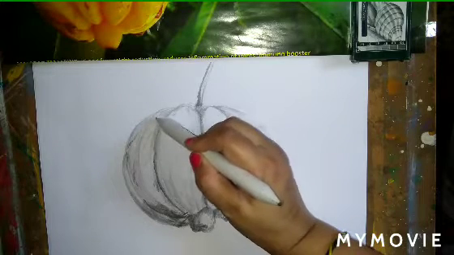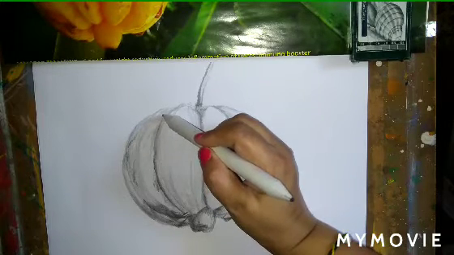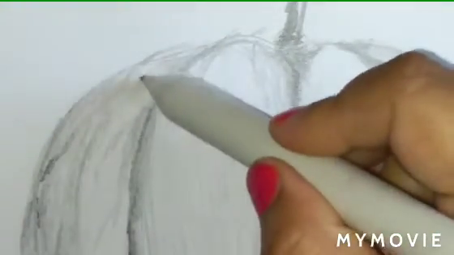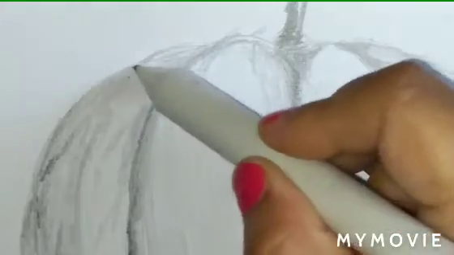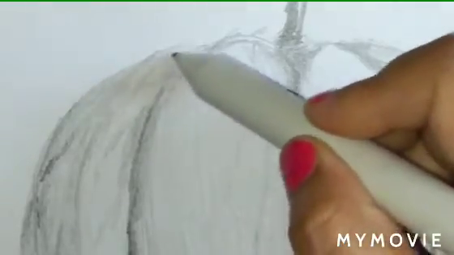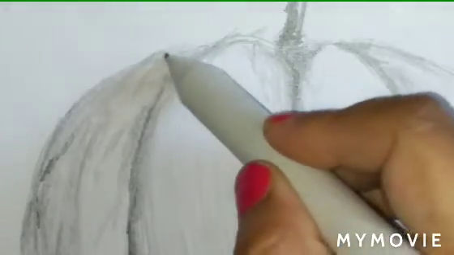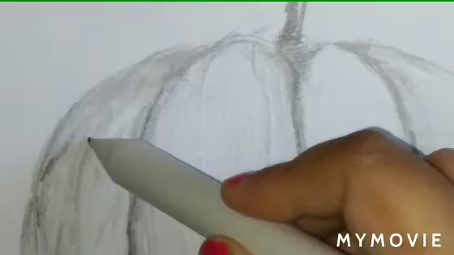I will get you a closer look. Just wait. Okay, you see these shadings? With the help of a blender or a tissue paper, what happens? You can get a very smooth texture. You see?